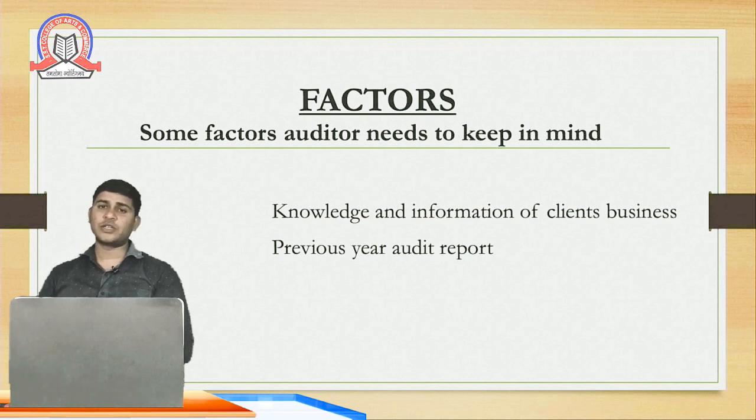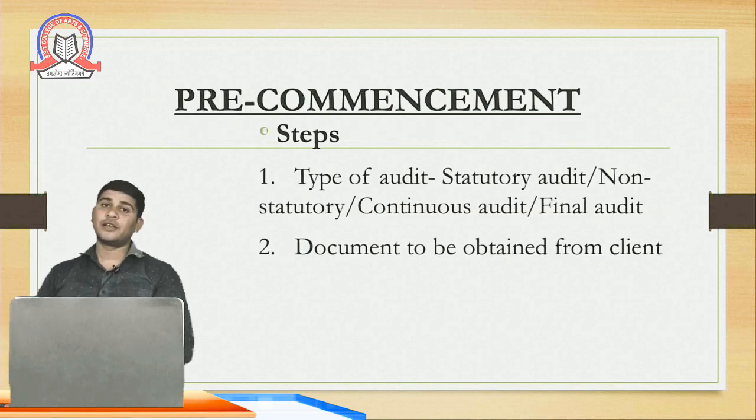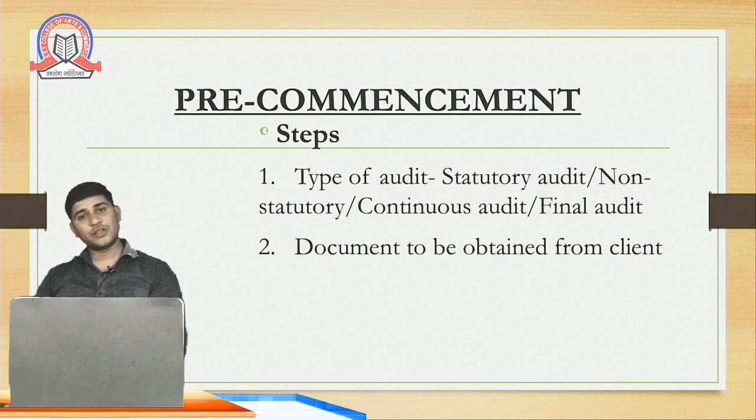The auditor must have detailed, in-depth knowledge regarding the client's business, activities, nature, and internal control systems. He also studies the previous year audit reports, and must clearly identify what they say.